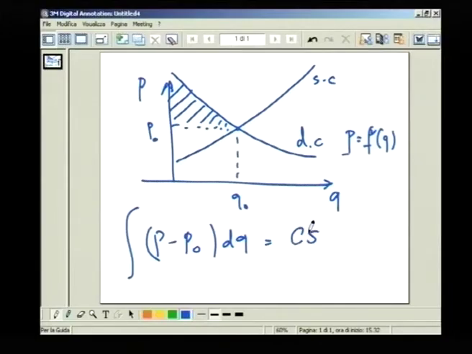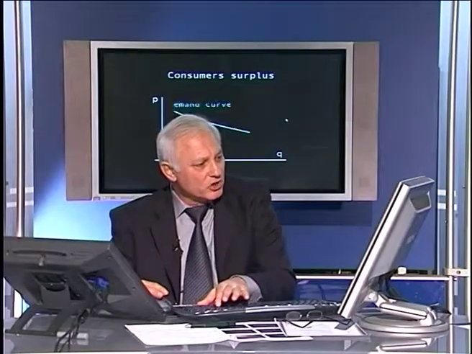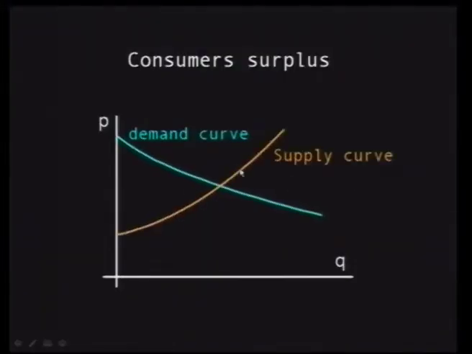Of course, there is another curve here. This is the demand curve, and this is the supply curve, and this is the equilibrium position, Q naught, at the particular price P naught, and what you have here is the consumer surplus.